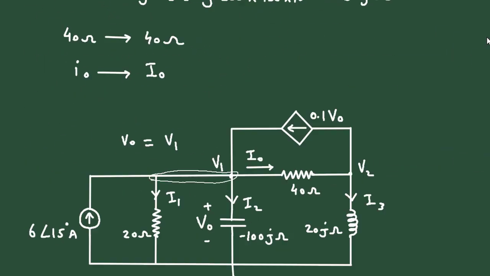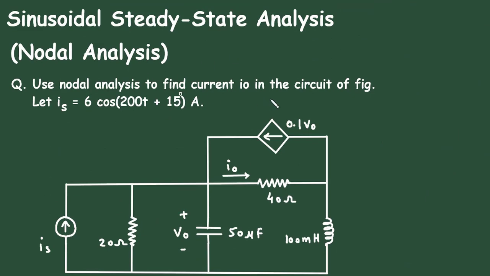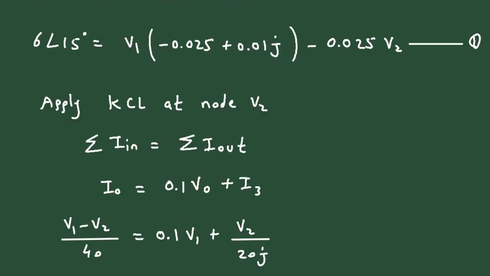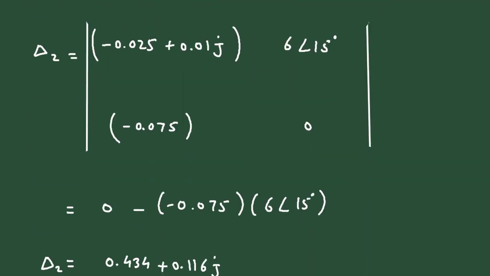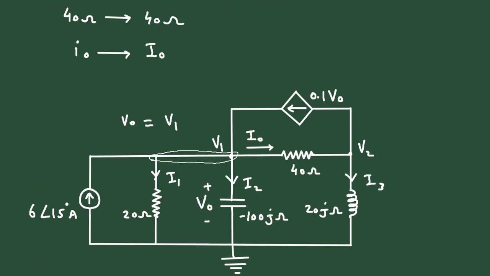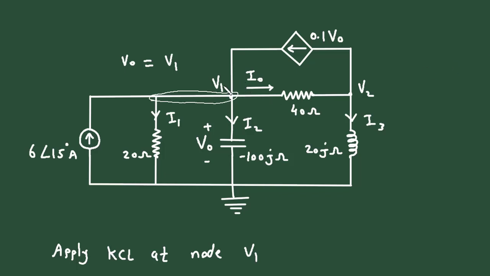Now we got the value of V1 and V2, but here in this problem, we have to find the value of IO. So IO is equal to, here we can see, IO is equal to V1 minus V2 divided by 40.